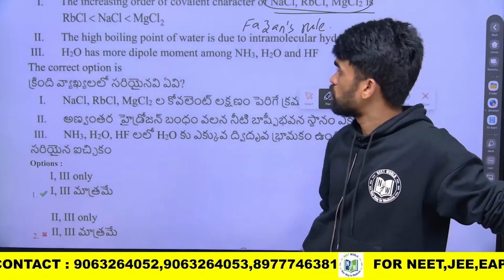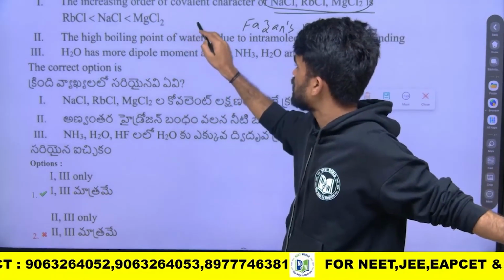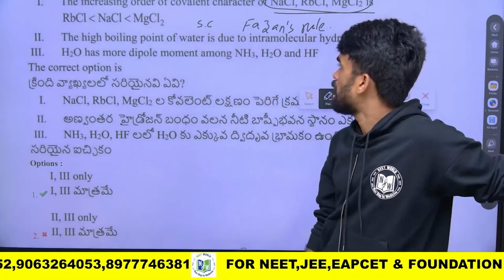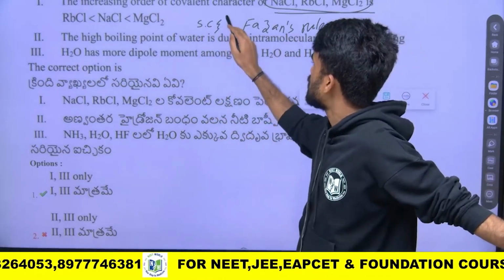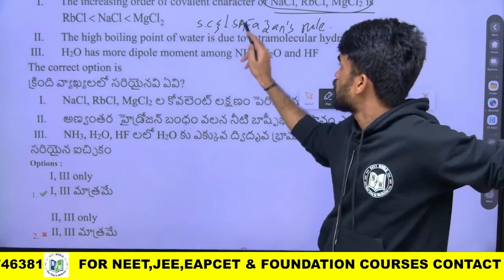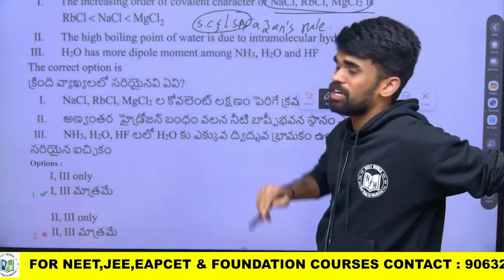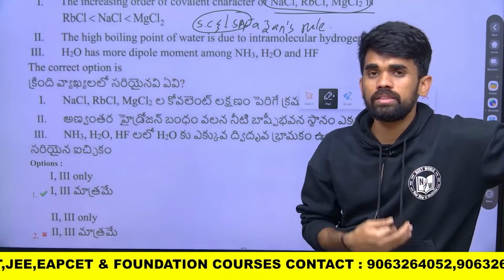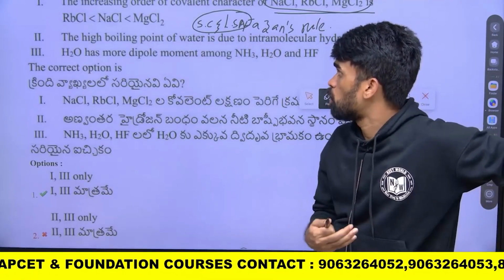According to Fajan's rule, a small size cation and a large size anion give a combination with more covalent character.